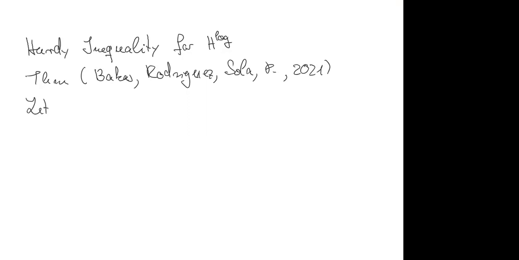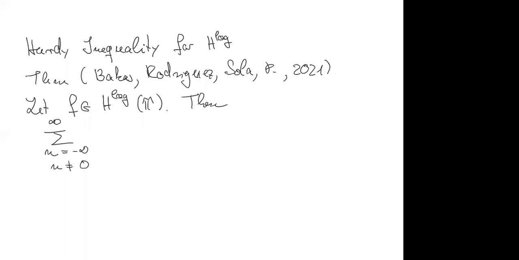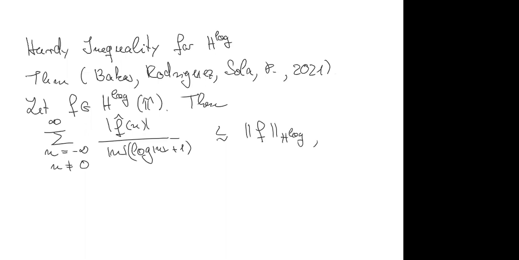And this says the following. Let F be in H log, now back in one variable. Then the sum over all n from minus infinity to infinity, n unequal to 0, of f hat of n divided by n times log n, maybe log n plus 1, is controlled by the H log norm.